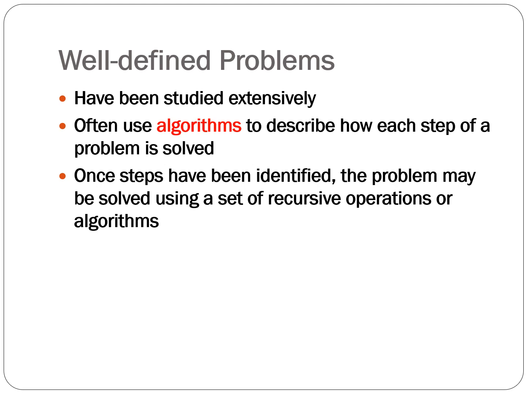Well-defined problems use algorithms to describe how each step of the problem is solved, and algorithms are like calculations, and the math, the arithmetic that you used in solving that t-shirt problem is an example of an algorithm. Once steps have been identified, the problem may be solved using a set of recursive operations or algorithms over and over again.